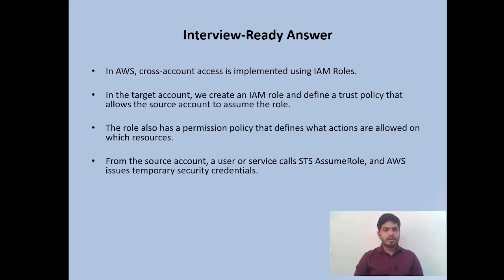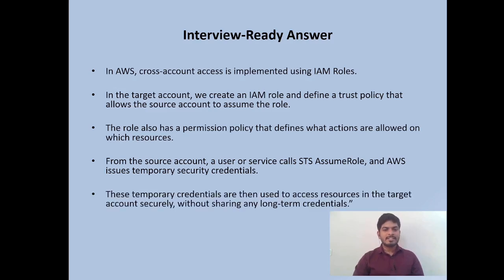From the source account, a user or service calls STS AssumeRole and AWS issues the temporary security credentials. These credentials are then used to access AWS resources in the target account without sharing any long-term credentials. This approach follows AWS best practices and ensures secure, scalable cross-account access.